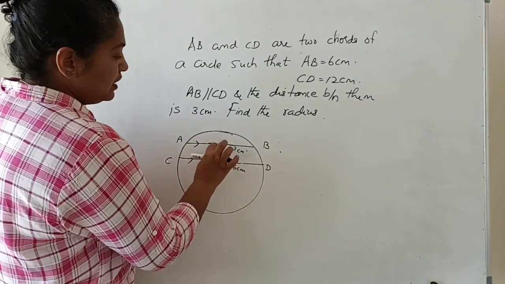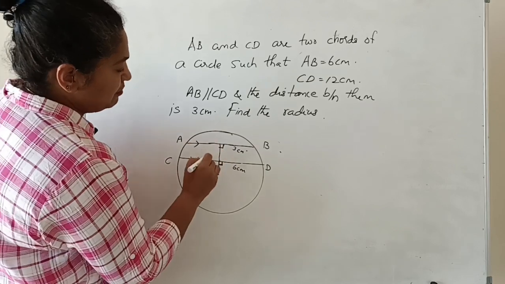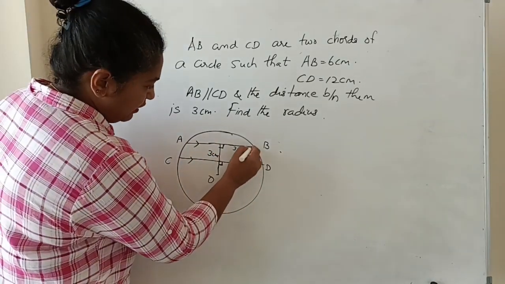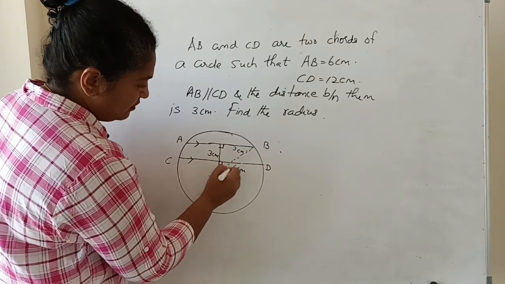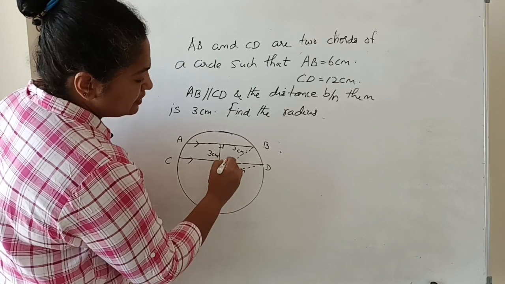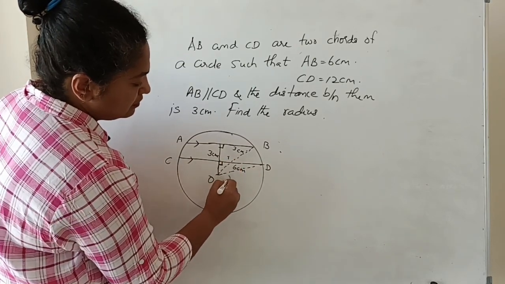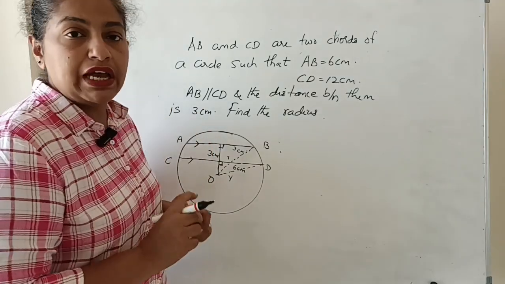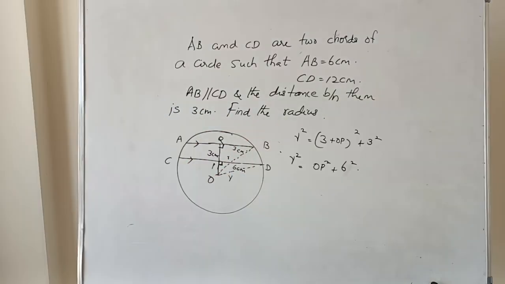Okay. Now, it is given that the distance between them is 3 centimeters. Fine. I need to find the radius. This is my radius. This is also my radius. I will mark the radius as R. Okay. Now, let us see how we can find out the value of R from the data that is given to us.